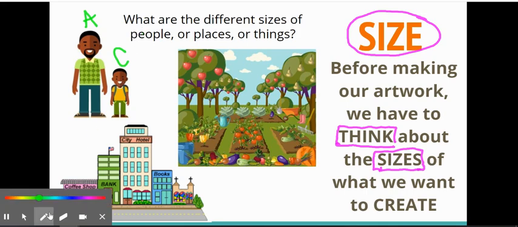Now let's turn to something that's a little bit more fun to create, and I'm talking about places. Places are fun to create because we can have a little bit more freedom with places. Let's look at this piece of artwork down here and think about the type of people or things that would go inside them.